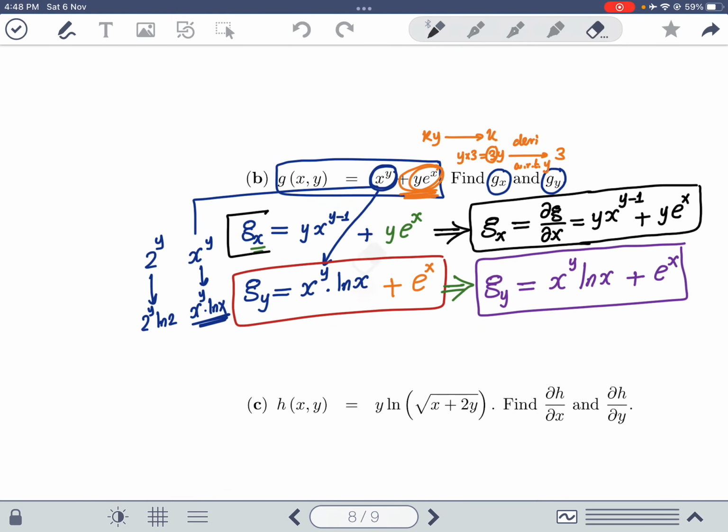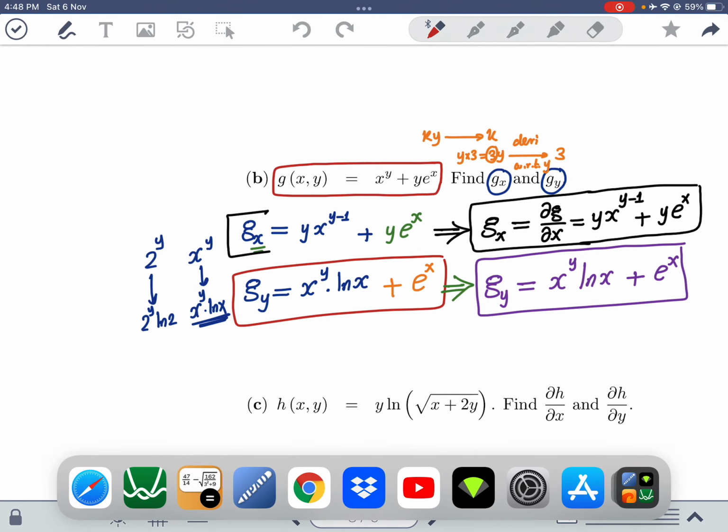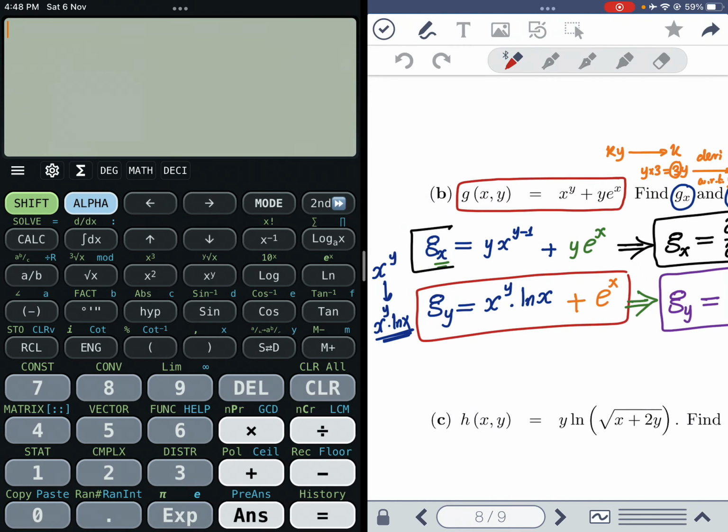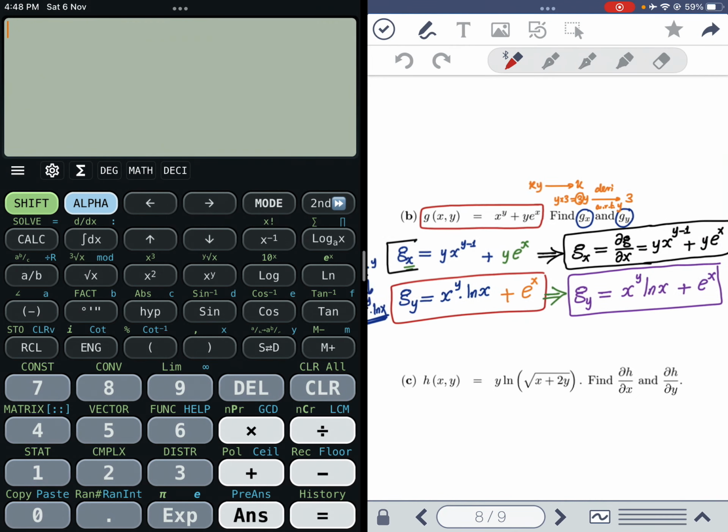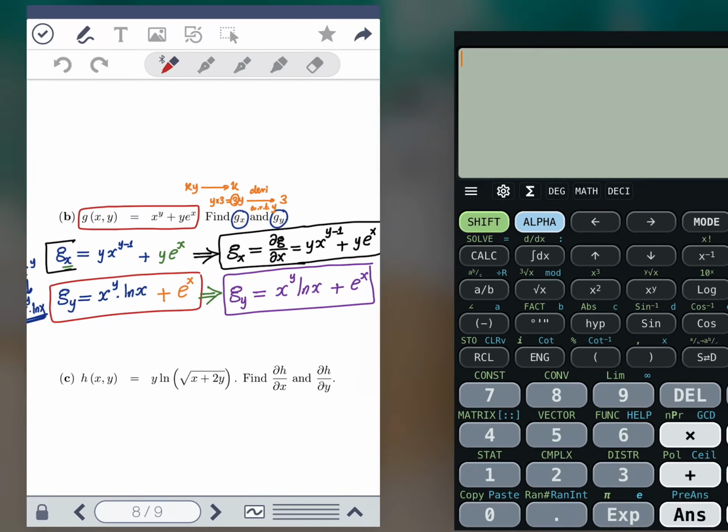Now, remember that g was this function. I'm just reminding you so that now we enter them in the calculator and check that we got the right answers. So now, get the calculator, put it here, and let's enter the functions. Actually, I prefer the calculator to be here and to be smaller.